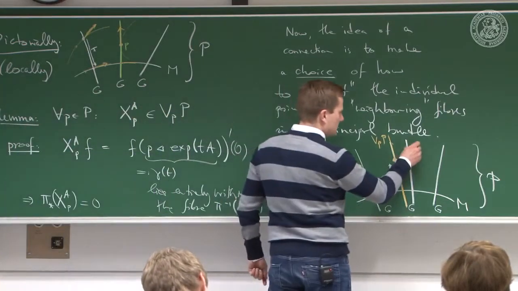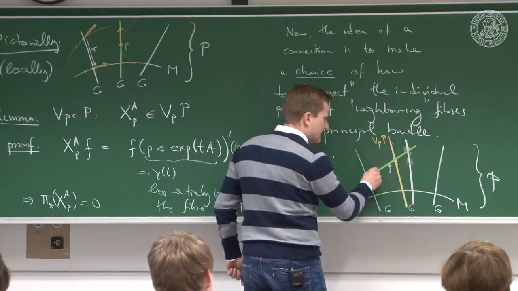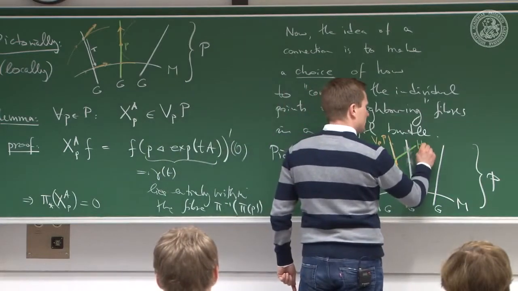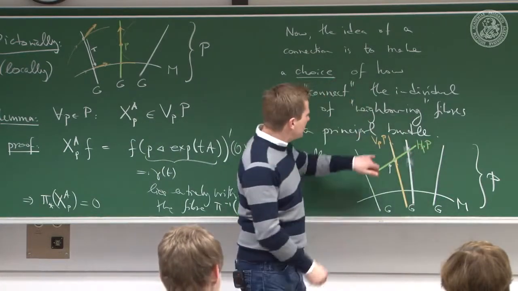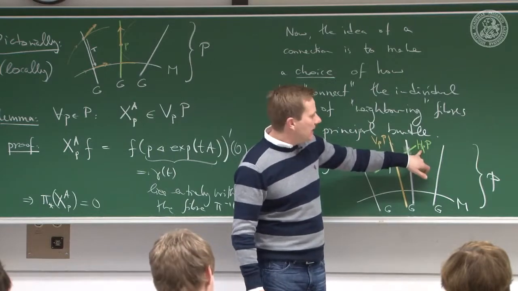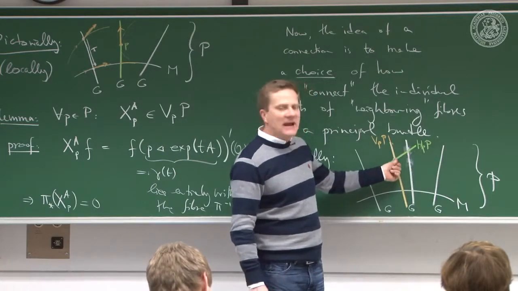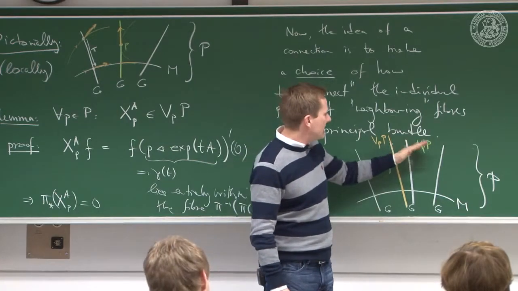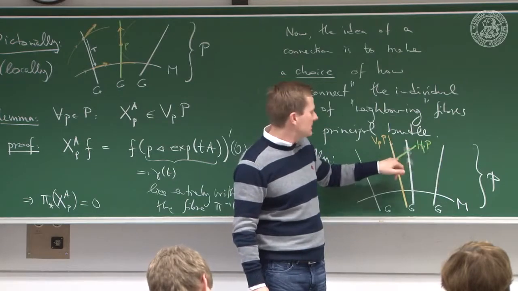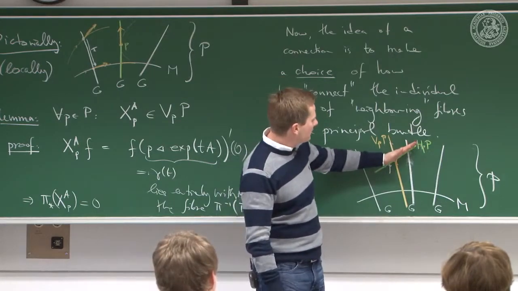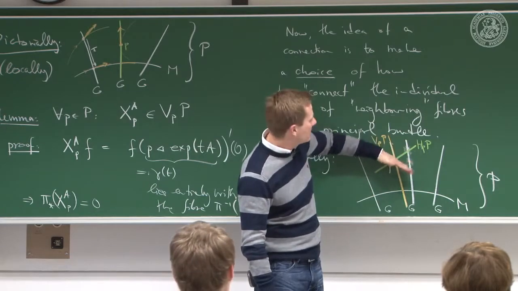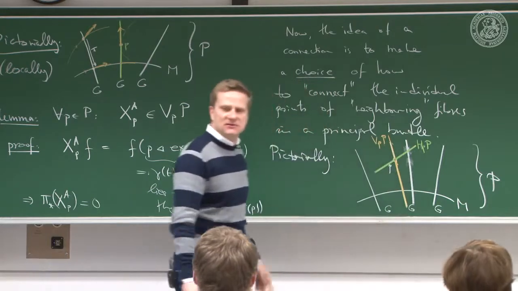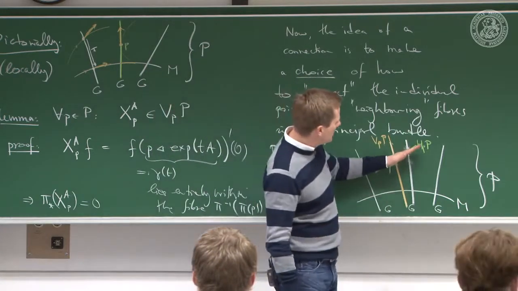I make a choice of another subspace, and this is a 1+1 dimensional picture, but this is supposed to be another subspace such that V_p P and the direct sum of the H_p P span the entire tangent space at this point. Okay, so I choose a complementary subspace here, H_p P. And of course, I could have chosen a different one and a different one. The only one I cannot choose is the one that intersects this V_p P, so that it's not a complementary subspace. Okay?